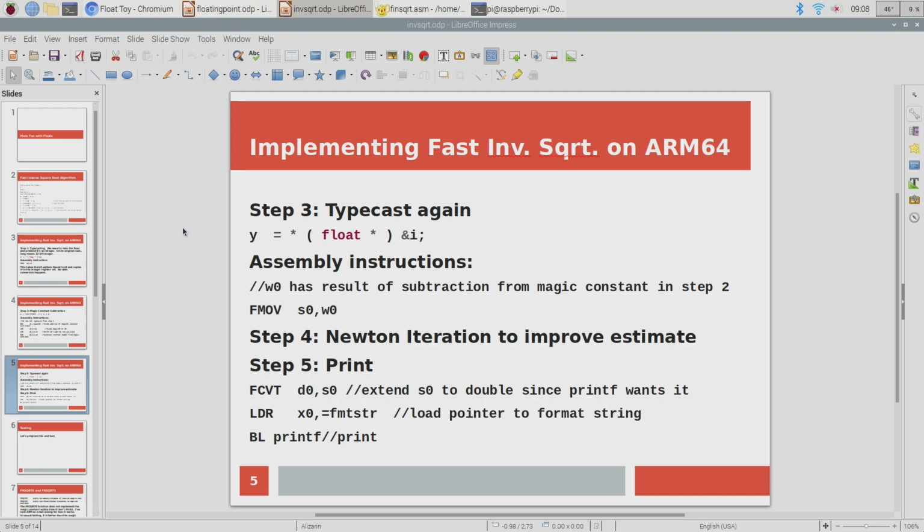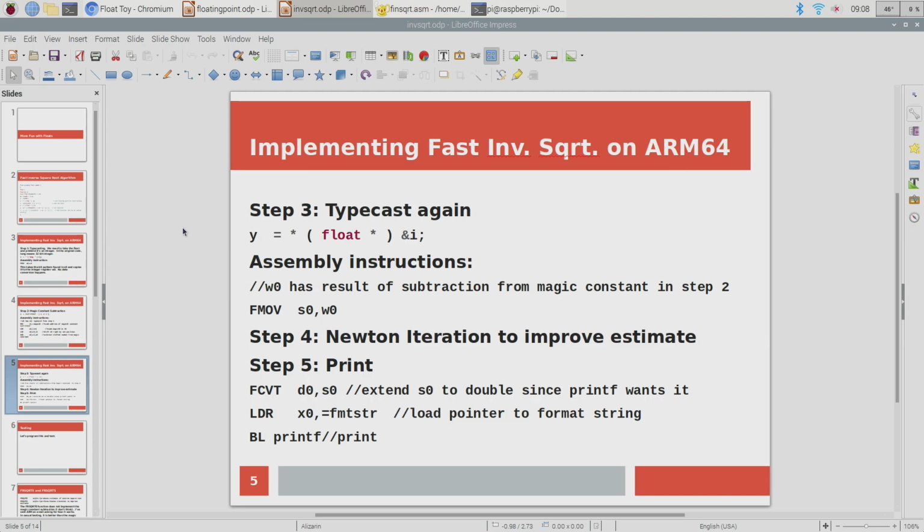What's the one thing that's missing here? The Newton iteration. But the Newton iteration was basically just some multiplication and addition, right? That's not too hard to program, I would hope. And then, how do I print it?